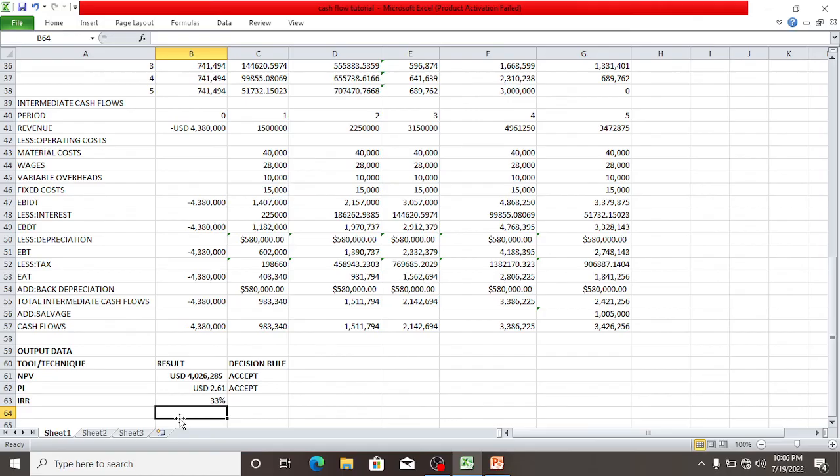Then the decision rule is going to be: if the logical test is greater than or equal to the required rate of return, which is 8%, we accept the project.